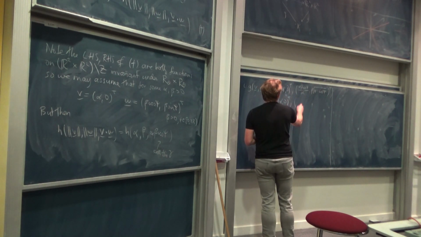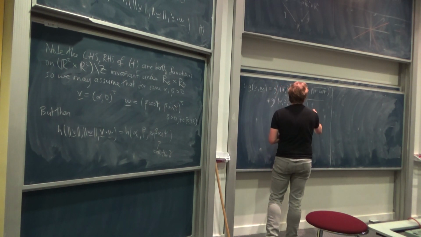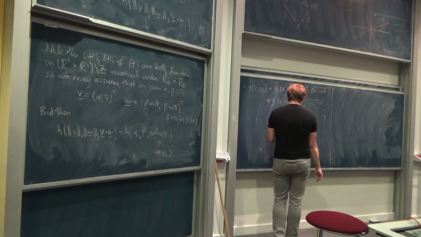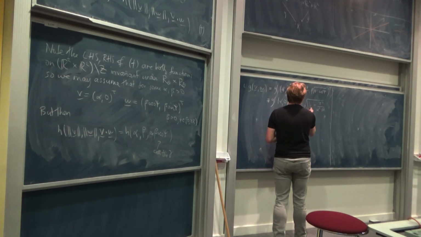But in terms of gamma, what's this? This is gamma on alpha, and this is the square root of beta squared minus gamma squared on alpha squared. Oops, beta squared.